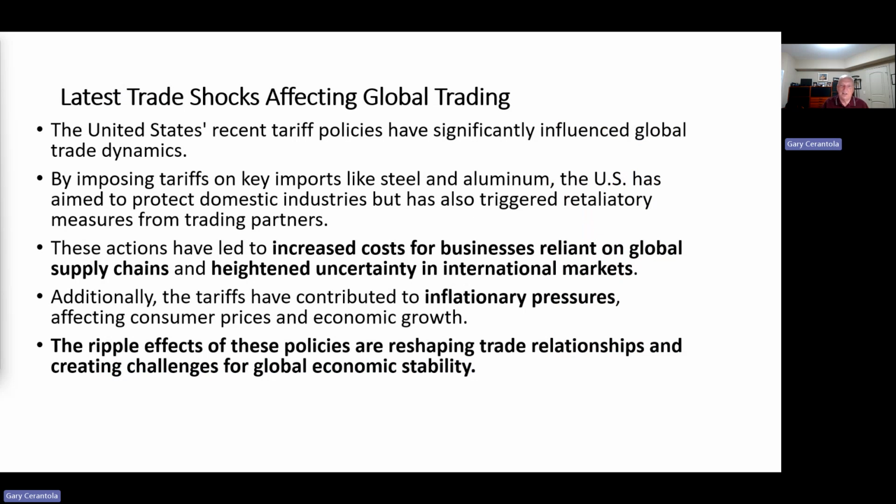Okay, so let's put this in perspective. We are in challenging times. We talked a lot about artificial intelligence and robotics and where that's going, but there's another layer on this. Global trading was in its heyday just a couple of years ago, and now with the United States bringing in tariff wars, things have really gotten messy right across the globe.